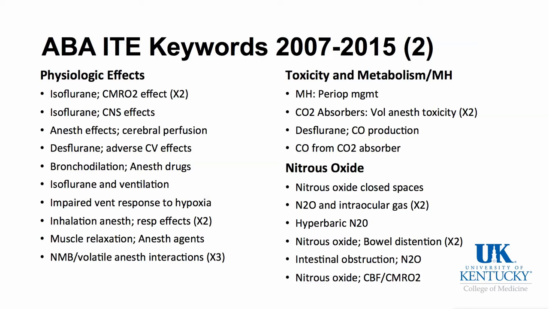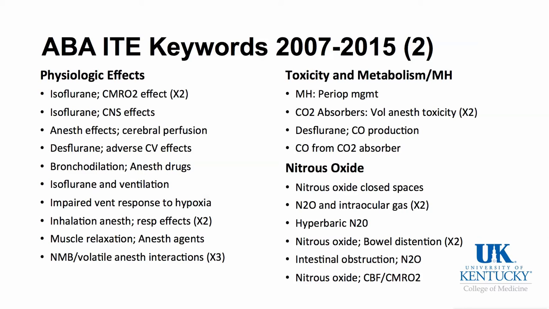That our inhaled anesthetics potentiate neuromuscular blockade. The volatile agents do; our TIVA agents like remifentanil and propofol do not, and nitrous oxide does not potentiate neuromuscular blockade, unlike Sevo, Des, and isoflurane, which do.